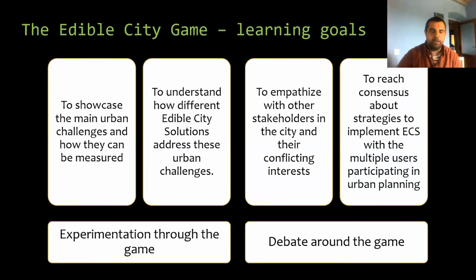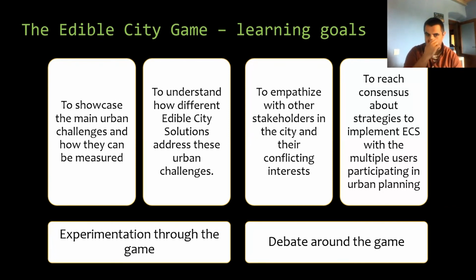And specifically, we decided to specify 4 learning goals that have to be achieved playing the Edible City game. 2 goals are linked to the experimentation through the game, that is implementing Edible City solutions, analyzing the scenarios, trying different scenarios, and these kinds of things.